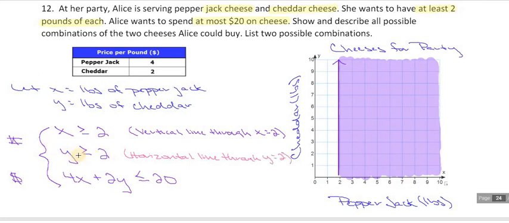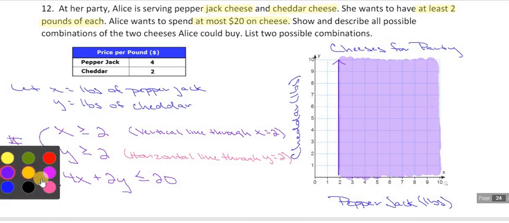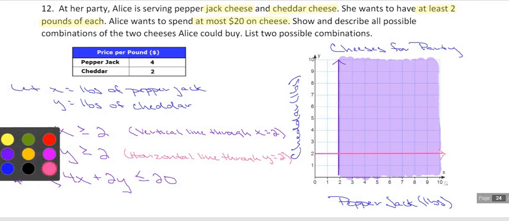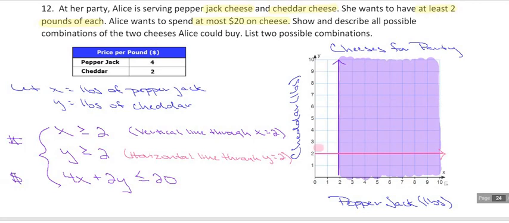And because it's or equal to, it will be a solid line. And that solid line will then be shaded above because Y is getting bigger above. So here's my Y value of 2. Boom. Okay. So we'll get our shading. So this one we are going above.